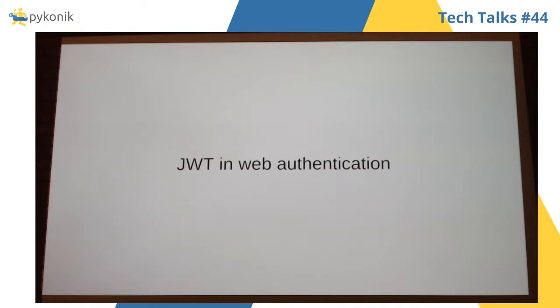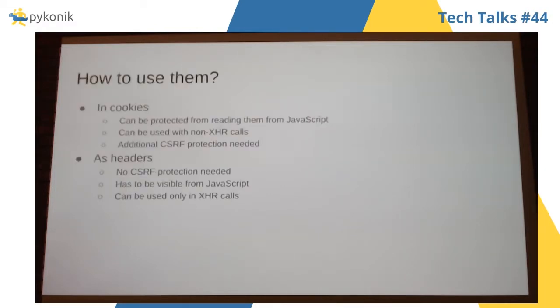And we can go to JSON Web Tokens in web authentication, because data exchange is self-explanatory, and web authentication is something a bit deeper. So how to use them? We can say that the user should keep and provide it inside cookies.